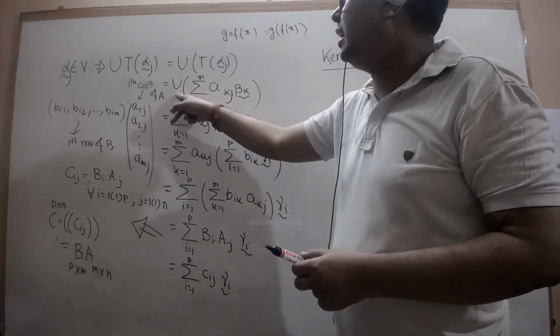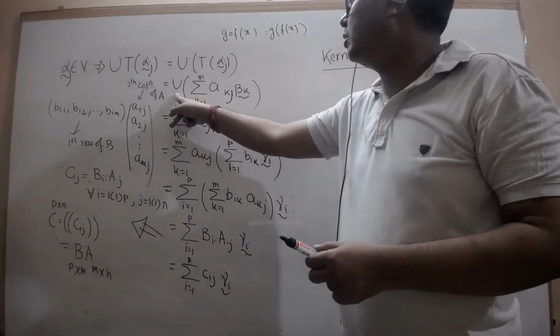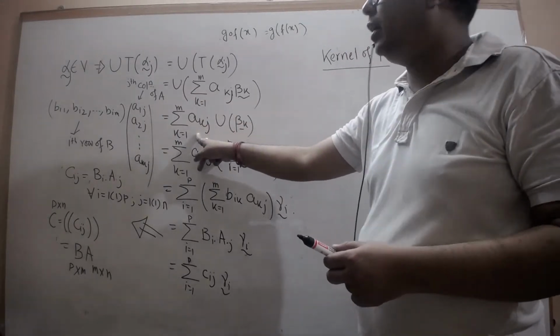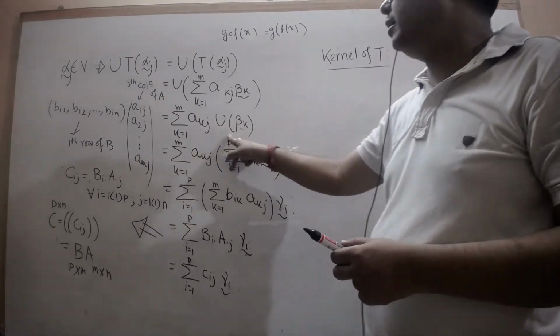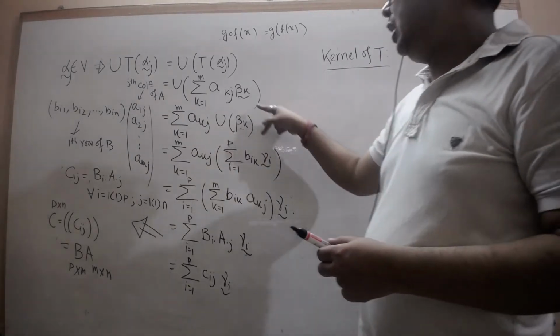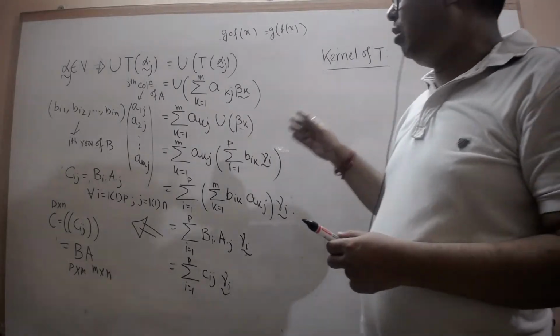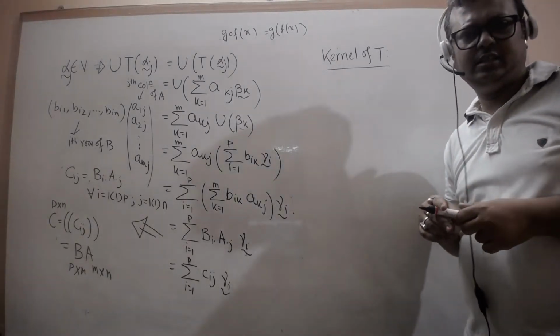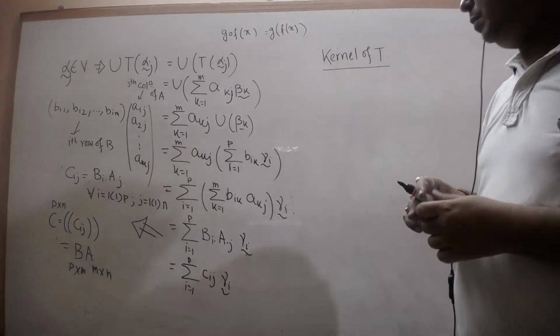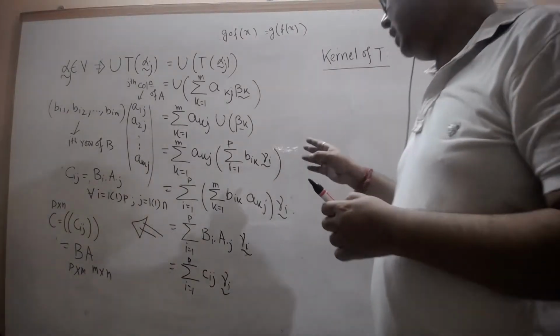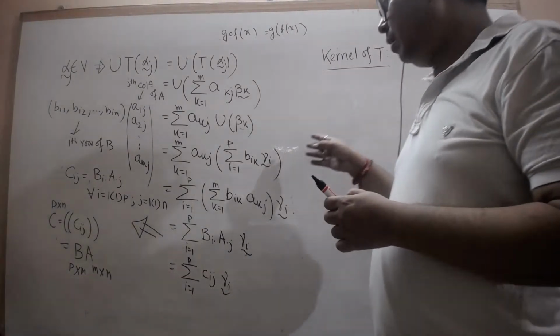Since U is a linear transformation, using property 1 and 2 simultaneously, you get this. Again, U beta k belongs to the set Z, which is a vector space, and I assume the basis of Z is gamma 1 up to gamma p.